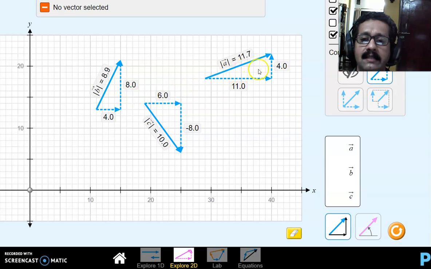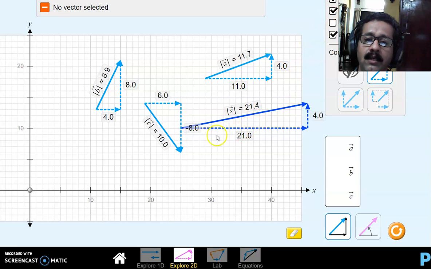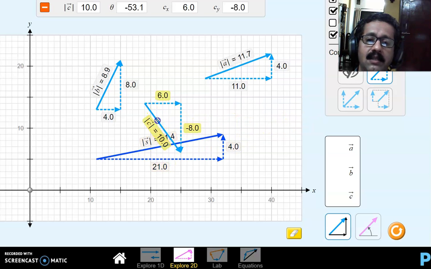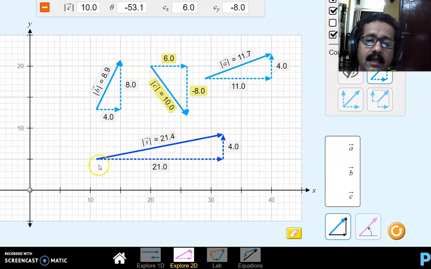However, about y-axis addition, I'll find it is 8 plus 4 minus 8. So it's ultimately going to be only 4 along y-axis. So the resultant vector, the sum of all of them, has to be 21i plus 4j, which you see here. I'll just shift this up a bit, and I find here that addition of all of them happens to be equal to 21i cap plus 4j cap.